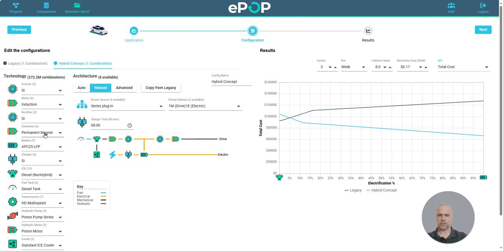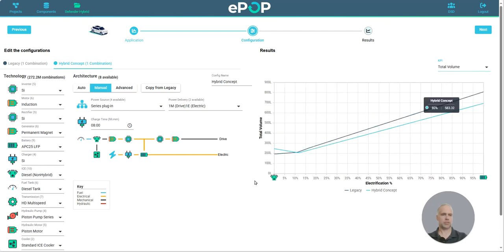Now we can go in and update any of the technologies. If we wanted to change batteries, you can see how changing that battery technology affected the electrification spectrum solutions. But you can see the slope here initially goes down a little bit faster than it does for the rest of it. Yes, operating costs go down the more you use electricity, but are you able to support the volume?